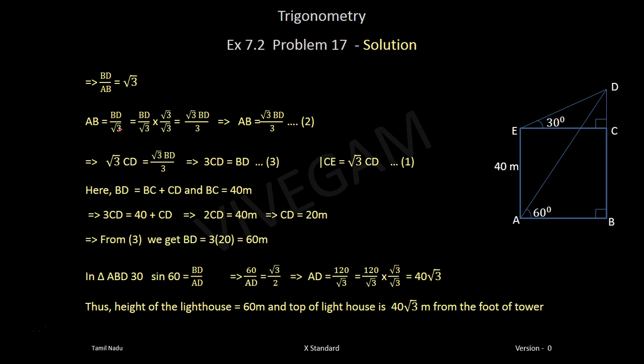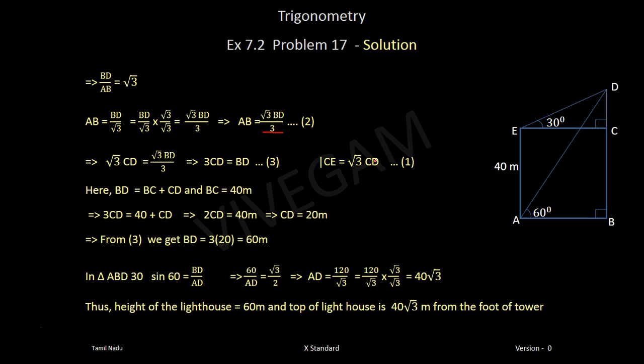And you don't want to have root 3 in the bottom. So, you multiply the numerator and denominator by root 3. It becomes root 3 BD divided by 3. So, AB equal to root 3 BD by 3. But from the figure, we know AB equal to EC. Am I right?